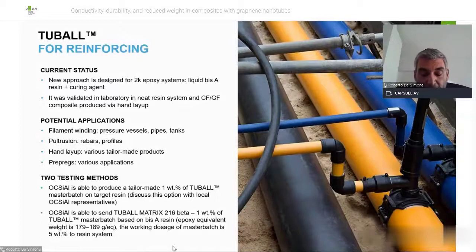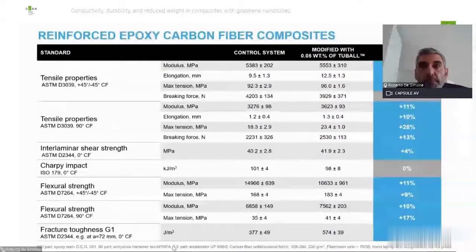What does it mean? It means that we receive from the end user, from the manufacturer, their own resin system, where we disperse tubal at a concentration of 1% in weight, providing them a very compatible system because it's based on their own resin system.